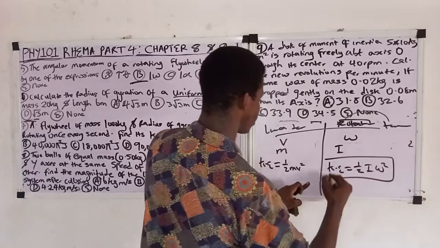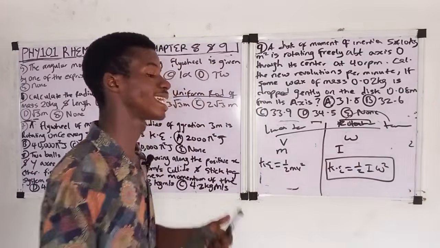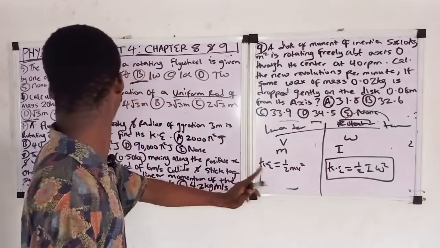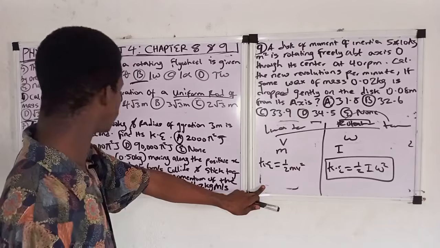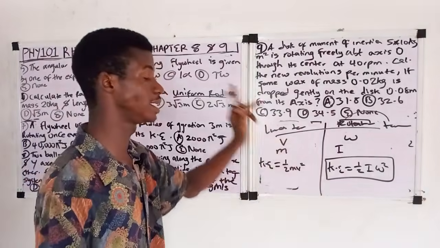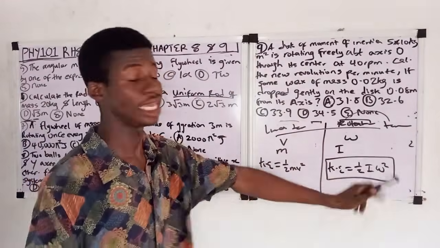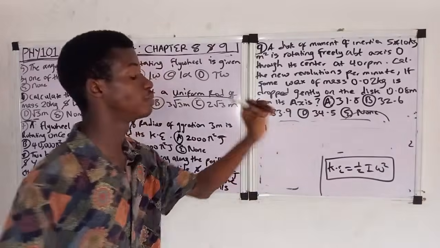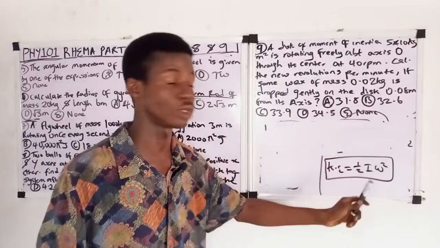So this is the formula to calculate kinetic energy in rotational terms. So kinetic energy is half moment of inertia times omega squared.